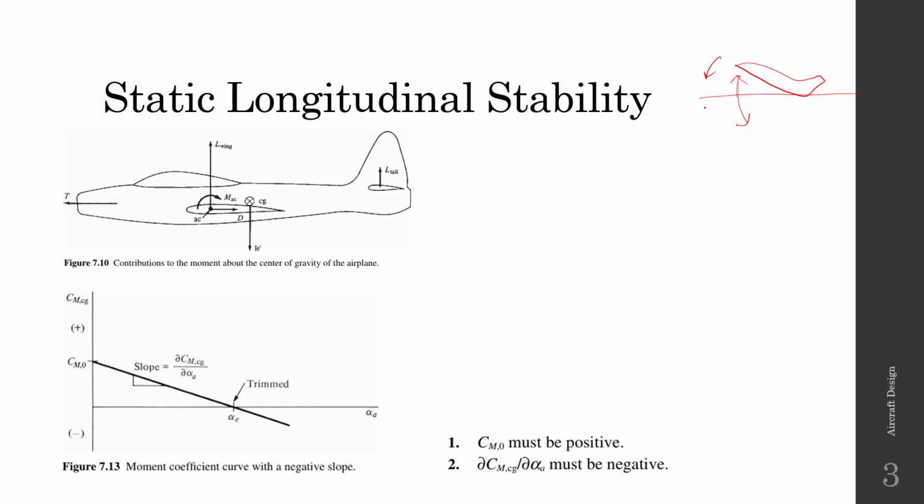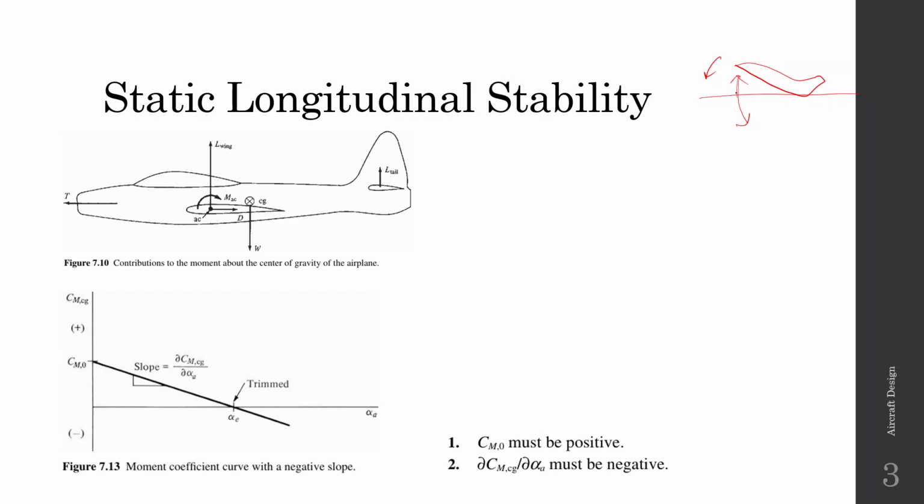How long it takes the oscillations to die down is covered in dynamic stability. In static stability, we just study whether the aircraft has any tendency to return to its original position or not.